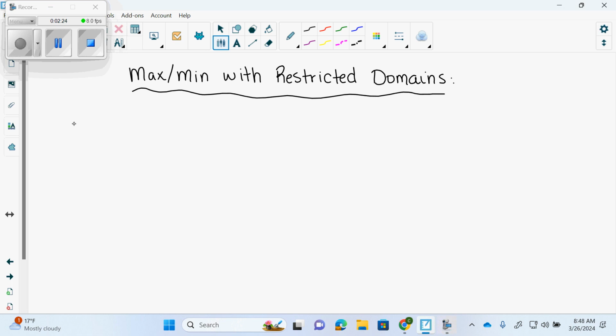So we have f of x equals 12 plus 4x minus x squared. Okay, that's what we did yesterday. Then today, the difference is I'm going to add 0, 5 as my restricted domain. We agree?